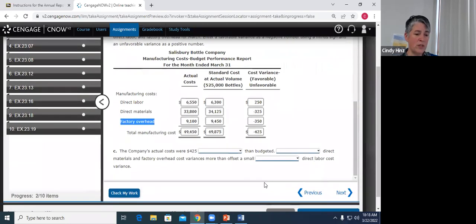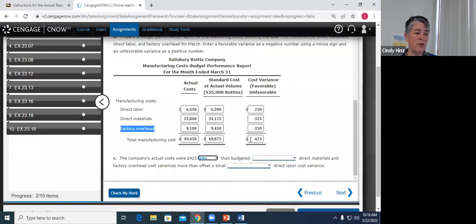Let's answer our questions here for part C so we can keep going. The company's actual costs were $425 less than budgeted. Remember that negative tells us it is a favorable variance. That means we spent less than the standards would have indicated.